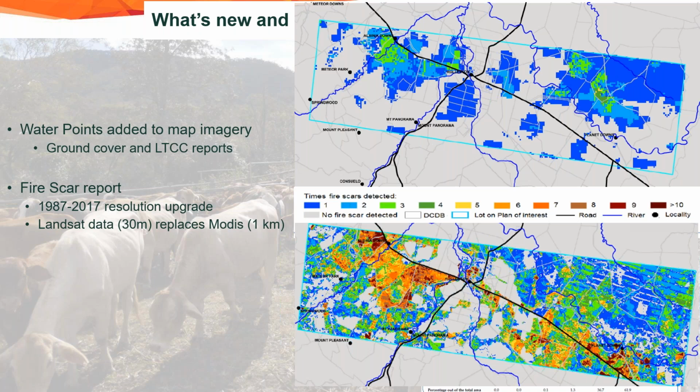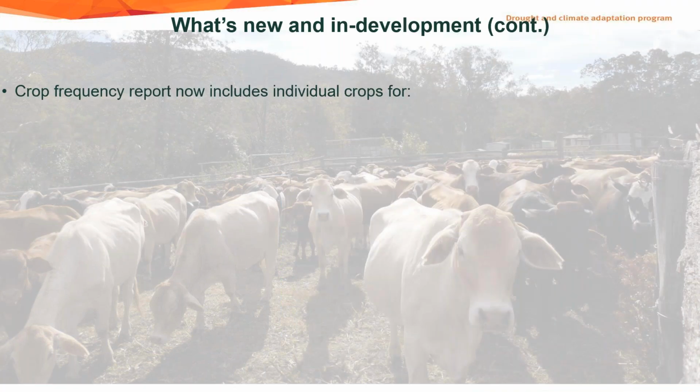If we look at the screen down the bottom there, there's been a lot more infill there of fires, and that's because there's more historical fires visible and smaller fires are now mapped. So that's great for looking at how often the country has been treated with fire.